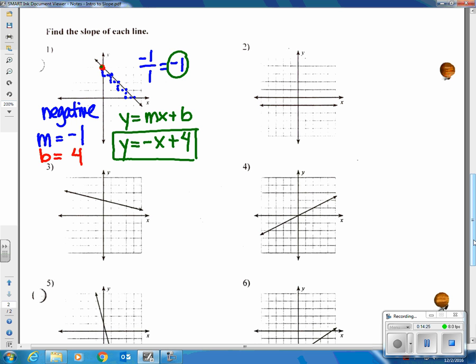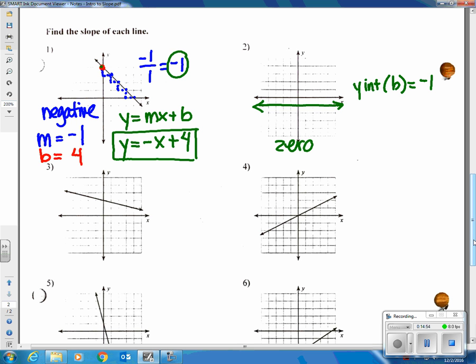Okay, we'll do number 2, because this one we can see again we have that horizontal slope here. This is actually the line we're doing. So our horizontal slope, this is 0, because if you think of your little man, or if you think of the cross-country skiing, that had the zeros at the end. And again, we can go through and we know that our y-intercept, or our b, is equal to negative 1.